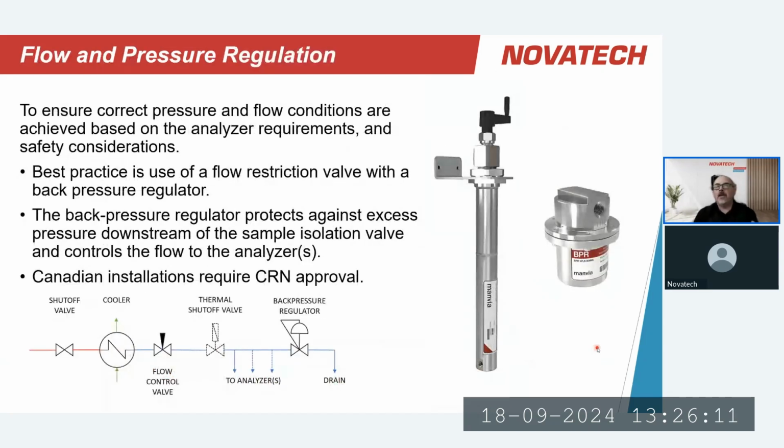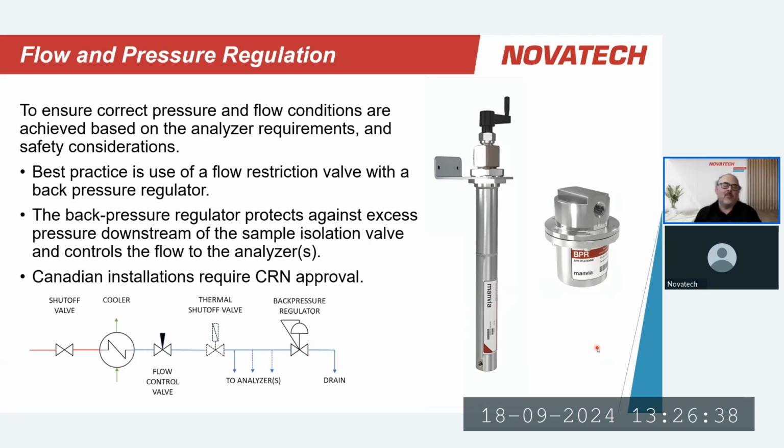We have to control flow, obviously, we talked about that, but also pressure. Boiler steam water systems operate at very high pressures. And obviously, those are not suitable for the analyzers that we're going to be sending them to, but also there's a safety factor involved here. The best practice in a system like this is to cool the sample first and then control the pressure.